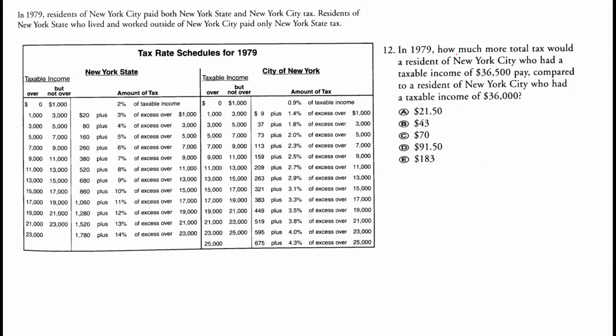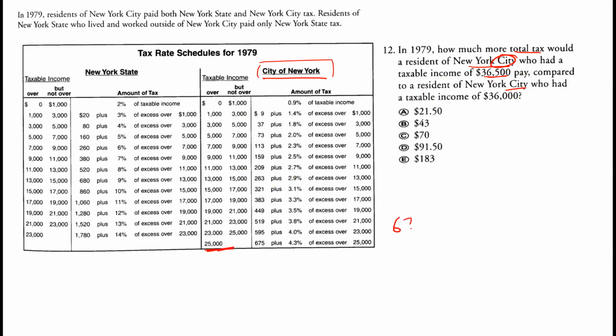Now in 1979, how much more total tax would a resident of New York City who had a taxable income of 36,500 pay compared to a resident of New York City who had a taxable income of 36,000? So if you live in New York City, your salary is between 36,000 and 36,500. So it's more than 25,000.